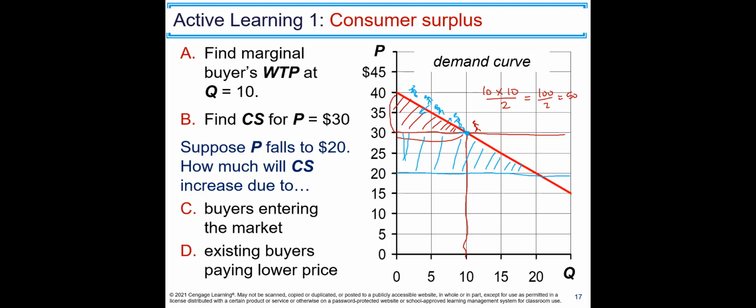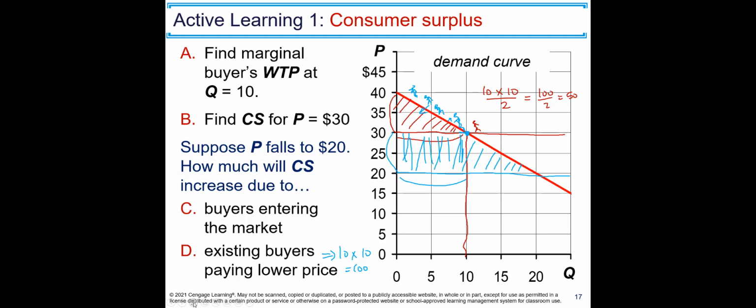And the increase in their consumer surplus is this rectangular area. Let's find it. Here, existing buyers, we are doing this part. The height is 10 times the base is 10. You don't need to divide because this is rectangular. Therefore, $100 come from existing buyers.